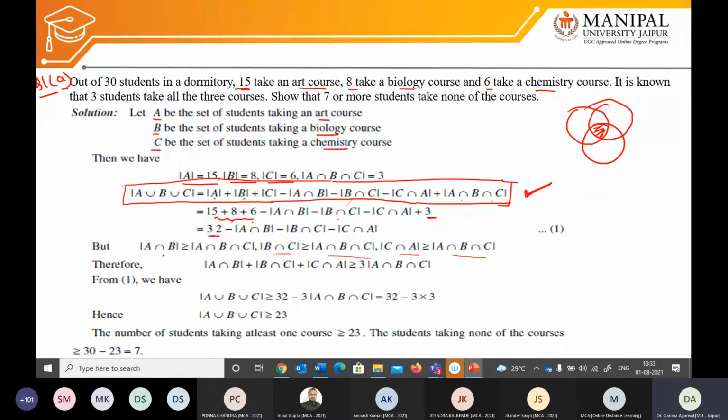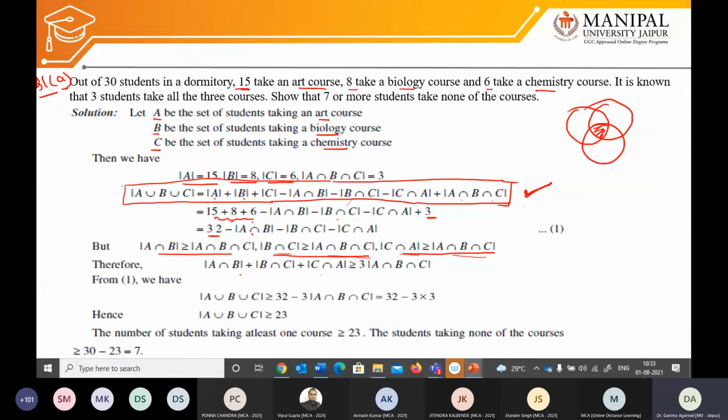Now if we add these 3 terms, first term, second term, and third term, the left hand side will be cardinality of A intersection B, B intersection C, and C intersection A, which is greater than or equal to 3 times cardinality of A intersection B intersection C, right?